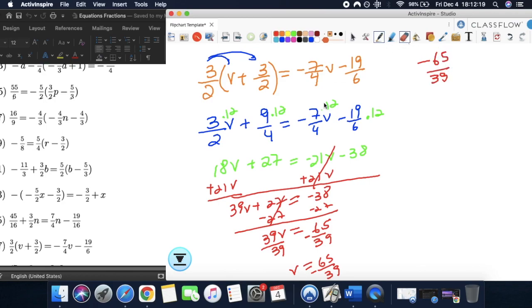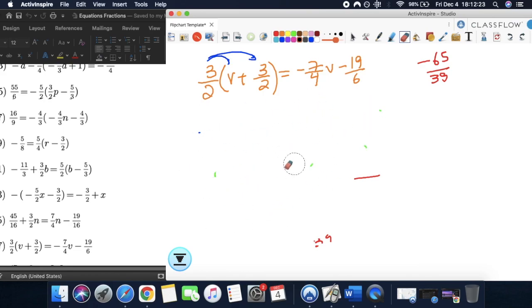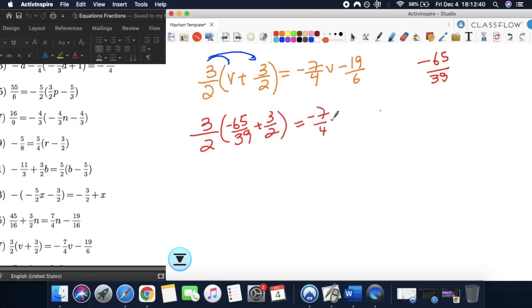and I'm going to substitute. And hopefully it's correct, because otherwise I'm going to have to go back and do everything again. All right, so I'm going to replace V, so 3 halves times negative 65 over 39 plus 3 over 2 equals negative 7 over 4 times negative 65 over 39 minus 19 over 6.